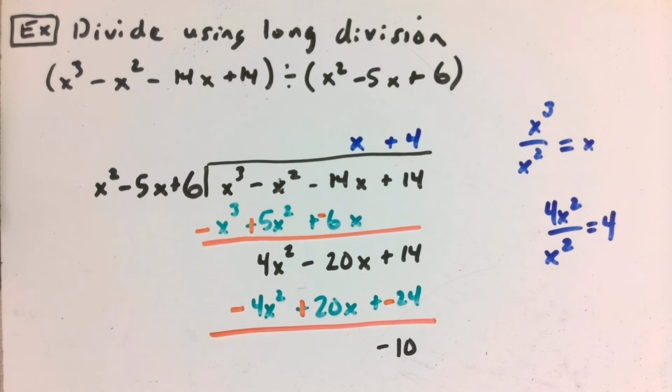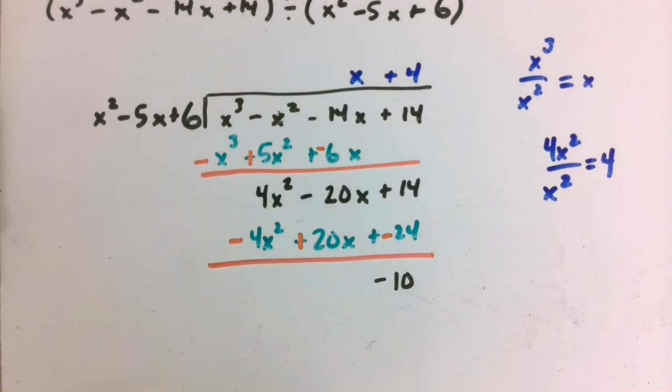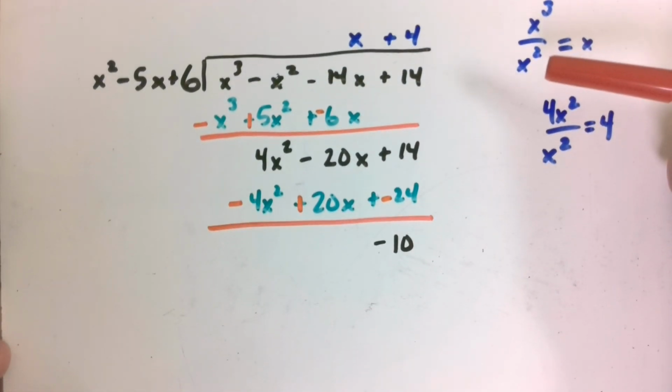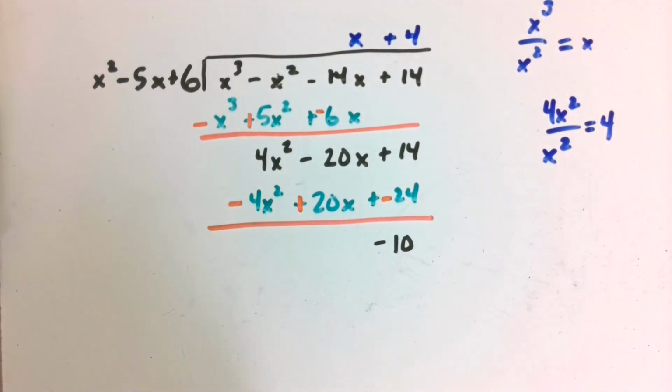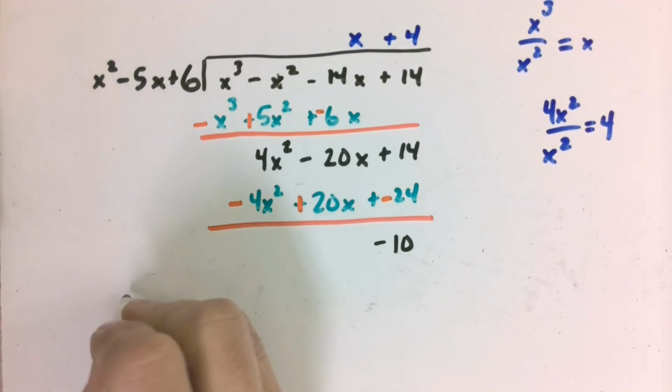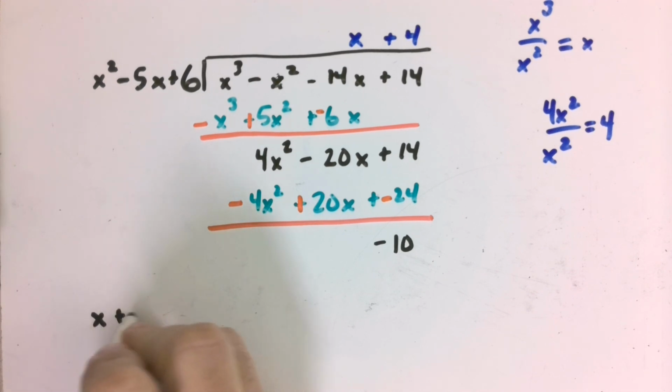All we need to do now is write our final answer in its final form. To do that, we are going to write it this way. We are going to take our answer here, our quotient, and write that out. So that is an x plus 4.